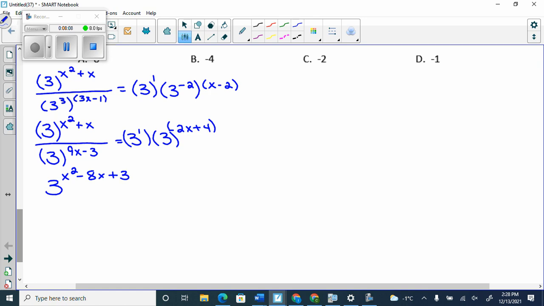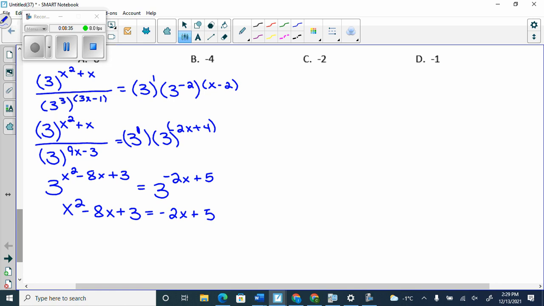So it's x squared minus 8x plus 3 equals 3, negative 2x, and then these ones we add. 1 plus 4 is 5. So then I can set the exponents equal. X squared minus 8x plus 3 equals negative 2x plus 5.